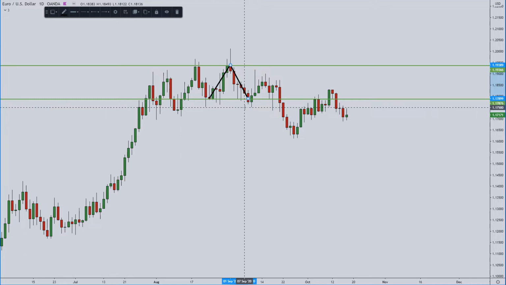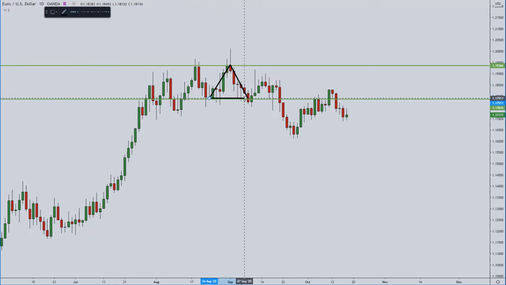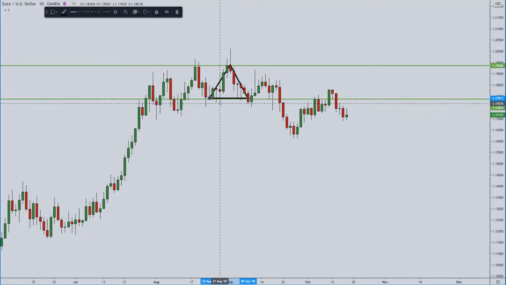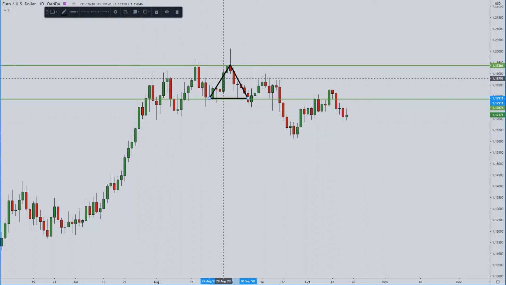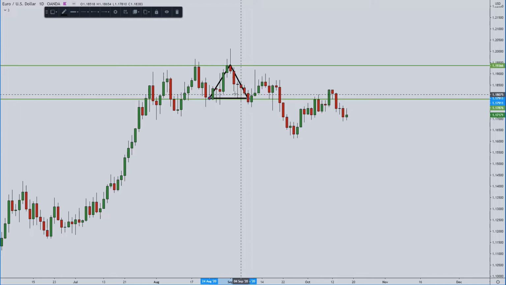You will understand that better when we go through waves in just a couple of minutes here. So what you actually want to see is a triangle like this. Price has been taken out from going up, now potentially creating a downtrend. That's how you qualify a daily chart.